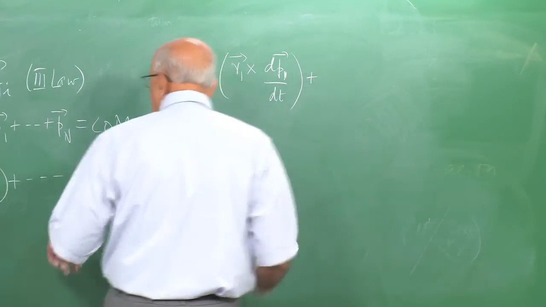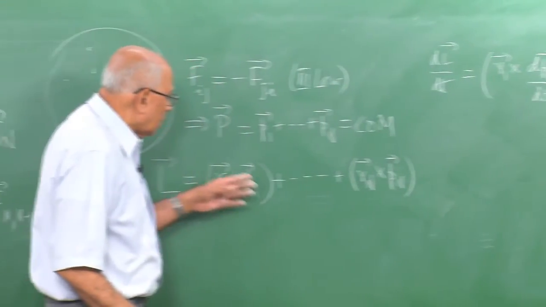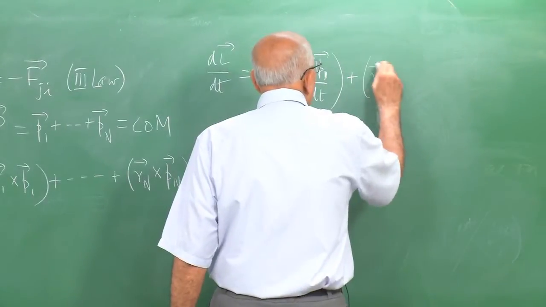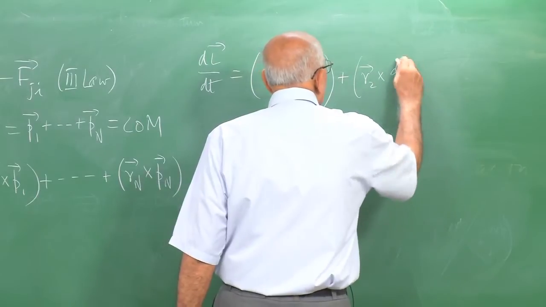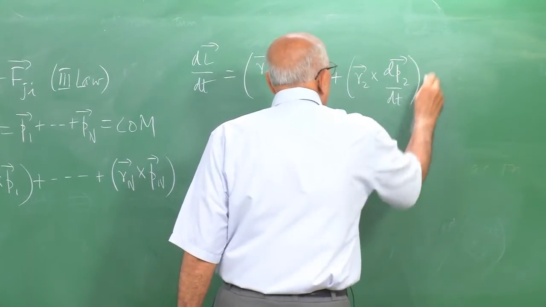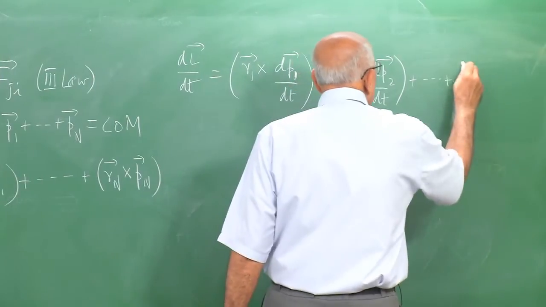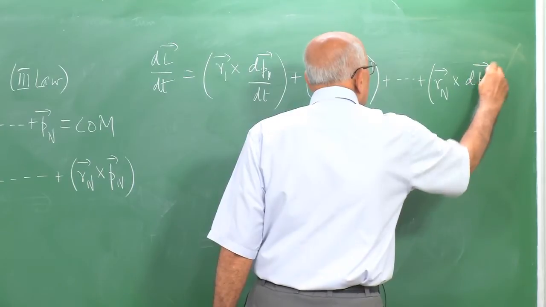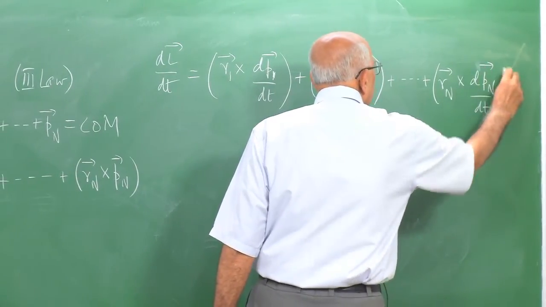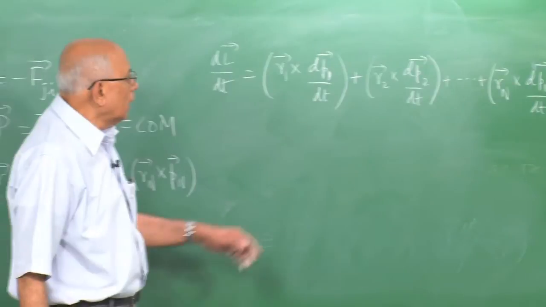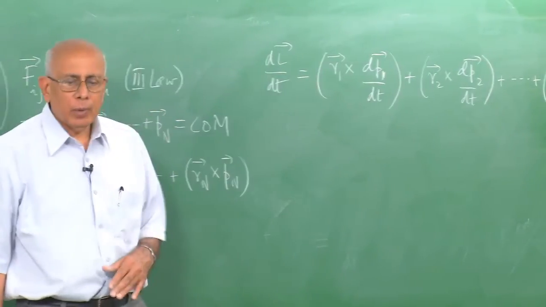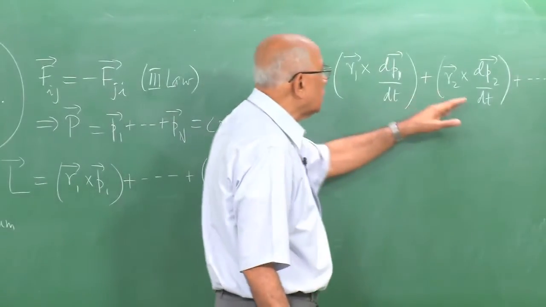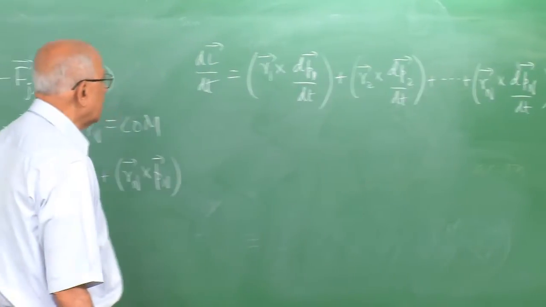Similarly, in the second term, the dr2 over dt cross p2 cancels and you are left with r2 cross dp2 over dt plus dot dot dot plus rn cross dpn over dt. In other words, the net change of angular momentum is the vector sum of the torques on particle 1, particle 2, particle n up there.